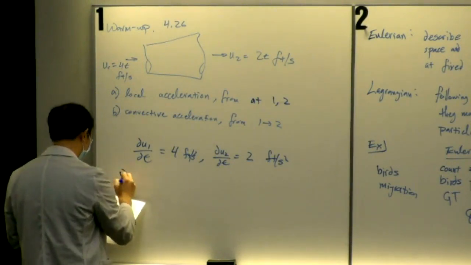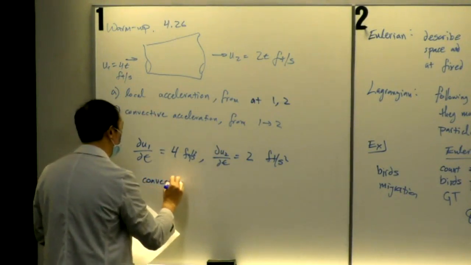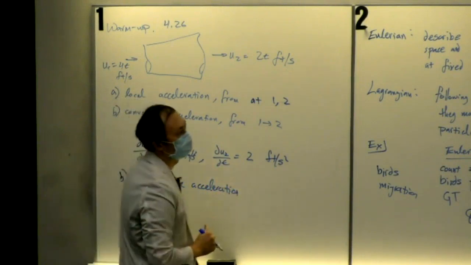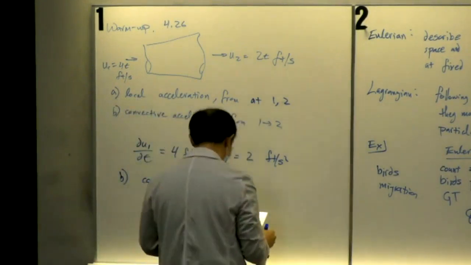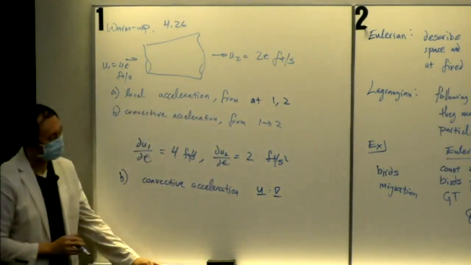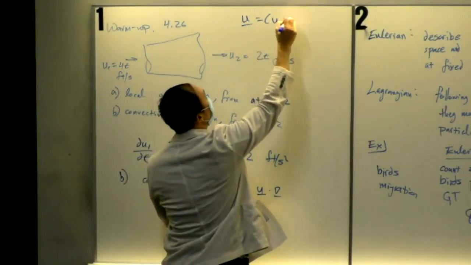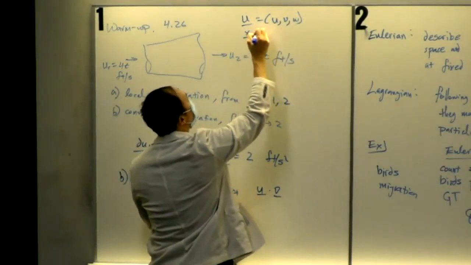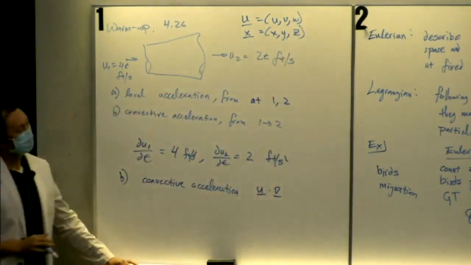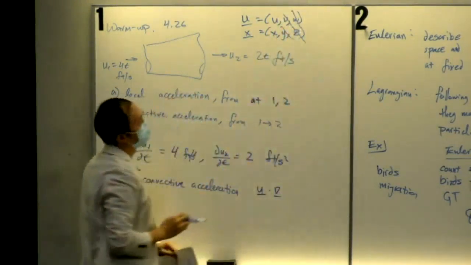Now the convective acceleration. Call it u dot del. Now this is a one-dimensional problem. Generally, we have u equal to (u, v, w), and x equal to (x, y, z). But in this problem, everything's 0 except for u and x.